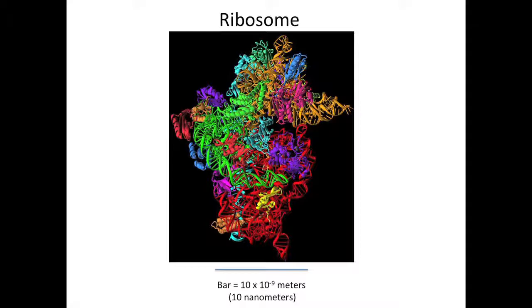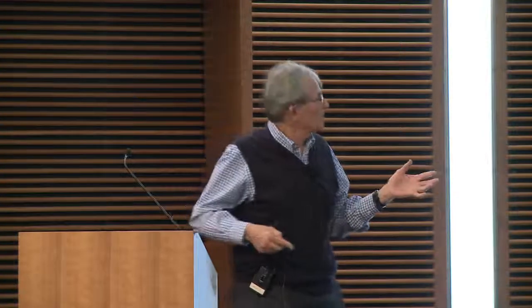And now to get from that kind of data to a structure, there are ways that you can calculate the structure of what's in here just from the way those X-rays were scattered. Okay, I won't go into that, mainly because I can't do it myself.